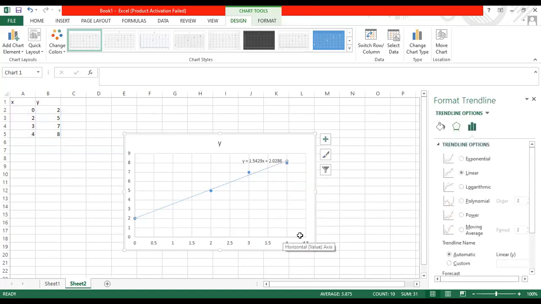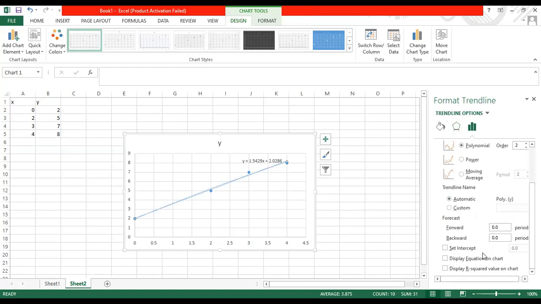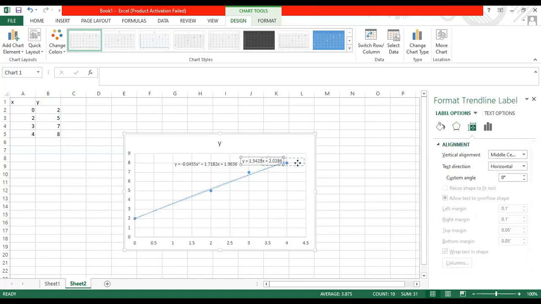So change it to polynomial order 2 and ask it to display the equation. So that would be the quadratic that would best fit the data.